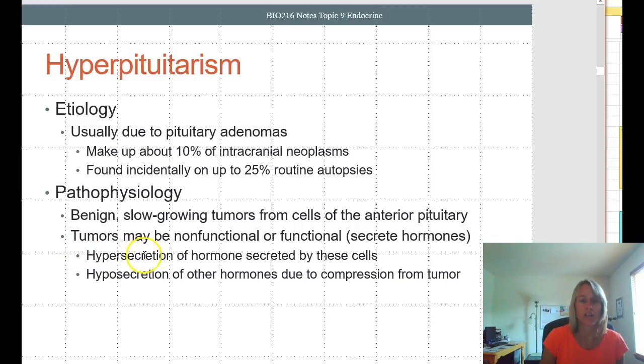So this can result in hypersecretion of the hormone secreted by these cells. Let's say the tumor is of somatotropes. Somatotropes secrete growth hormone, so this would result in hypersecretion of growth hormone. And as the tumor enlarges, though, it can compress the other cell types and can lead to hyposecretion of other hormones due to that compression.